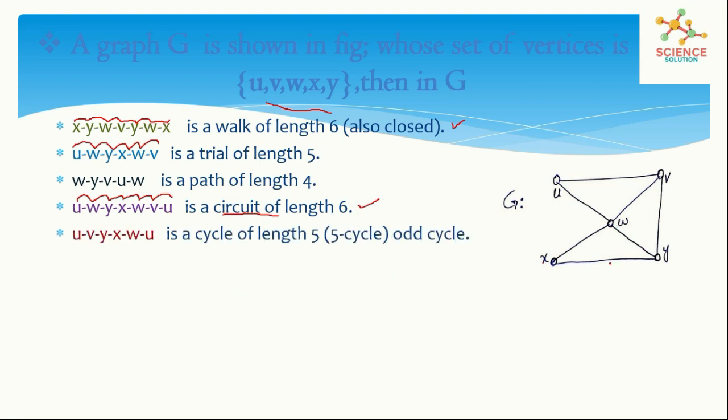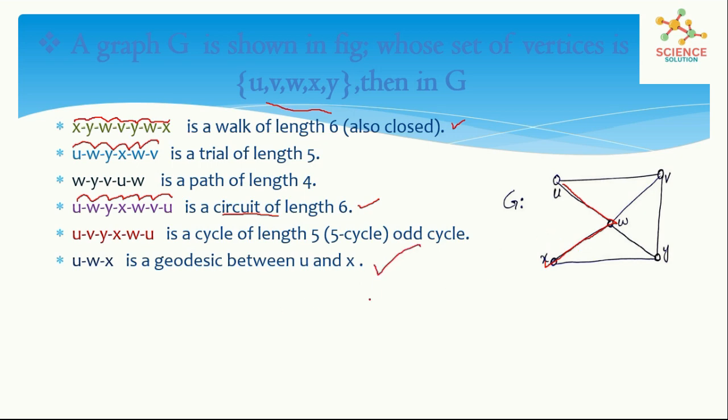U V Y X W U is a cycle of length 5, a 5-cycle, an odd cycle. We also have the shortest path between two vertices, U to W and W to X, which is called a geodesic between U and X.